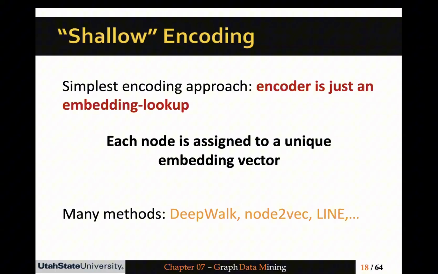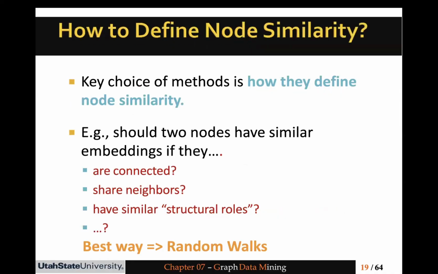Or they might be similar if they share the same structural roles in the network, meaning that they might not be within the vicinity of each other in the original network. They don't share direct connections a few hops away from each other, but maybe they have the same structural roles. Maybe they are celebrity nodes in their local networks, which makes them similar in that sense. So we can balance out these two notions with the Node2Vec algorithm.